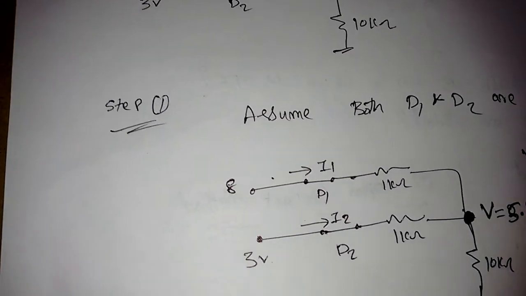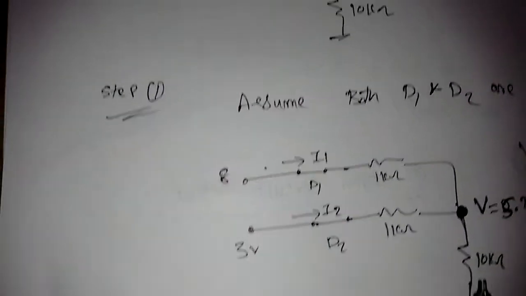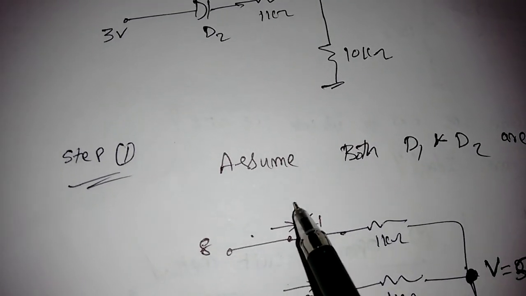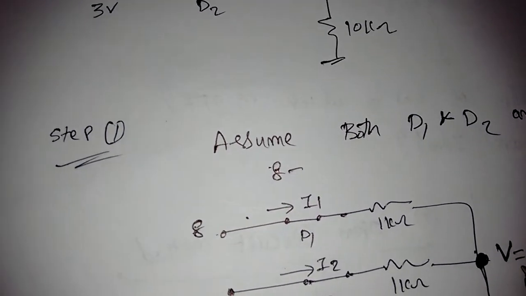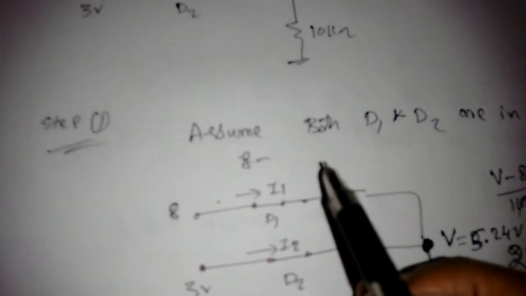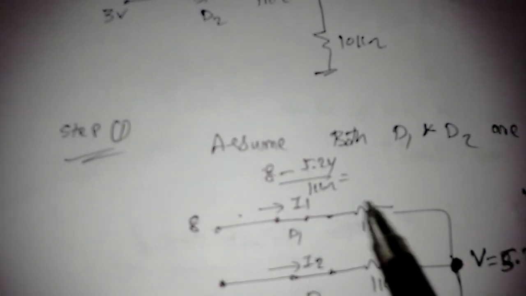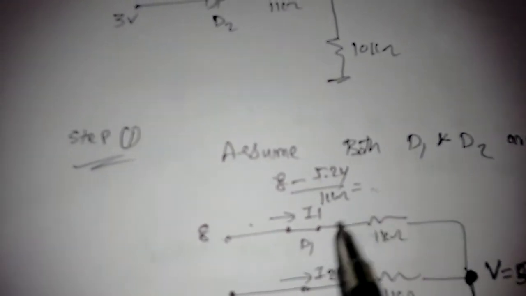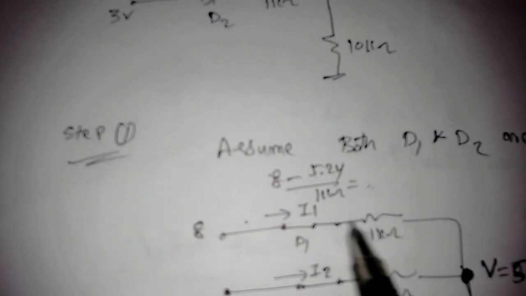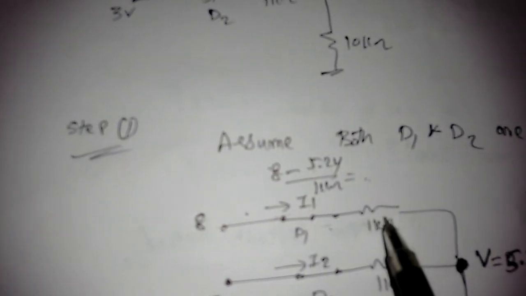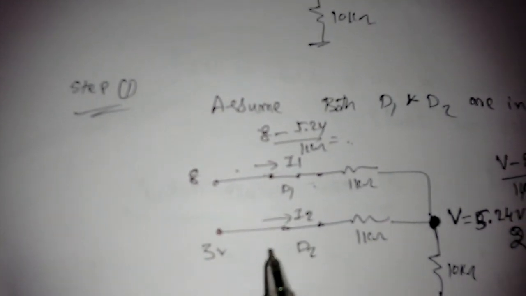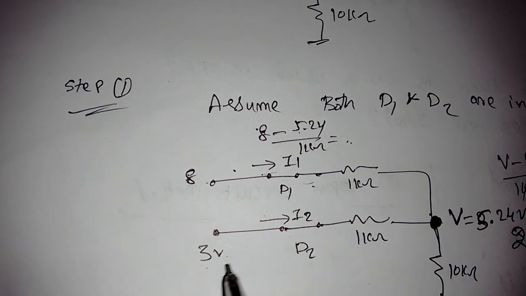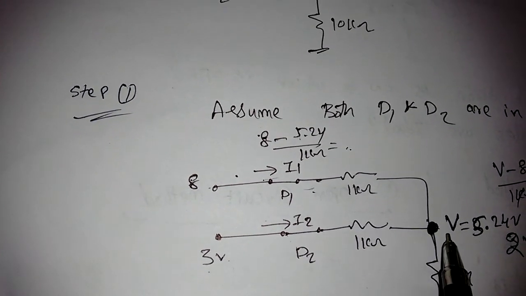Now it is easy to find I1 and I2. I1 is equal to the voltage difference, 8 minus 5.24, by 1 kilo ohm. So it is positive only. Positive in the sense that, as we assumed, I1 is flowing from anode to cathode. But in the second path, it is 3 volts here, but V is 5.24.